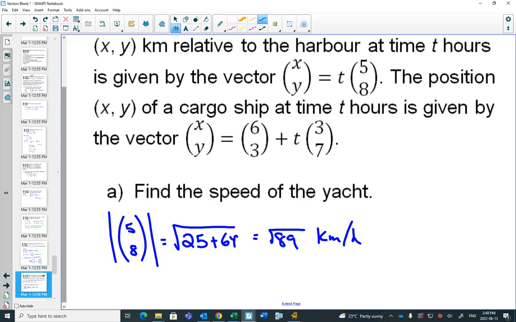I don't know, I'm not a drive a lot of boat kind of person. That doesn't seem like a very fast traveling boat. 9 kilometers per hour? Okay. Yeah, I guess you're just traveling. You don't want to be going too fast in the harbor.